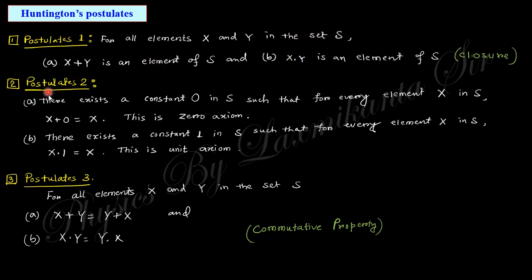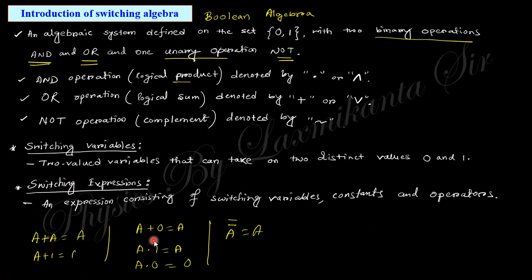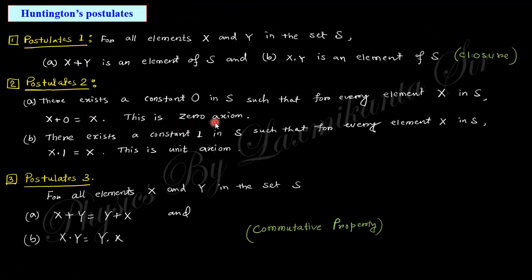Postulate number 2: there exists a constant 0 such that x plus 0 is x, written here as a plus 0 is a. This is the zero axiom, and x into 1 is x. This is the unit axiom.